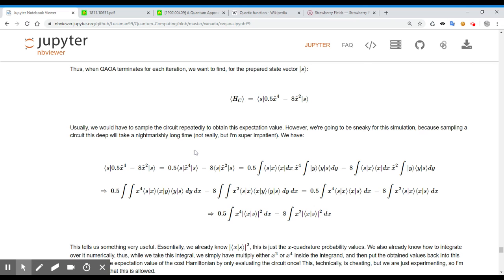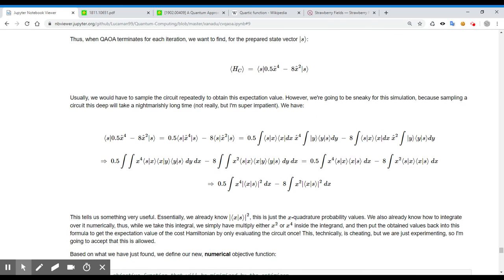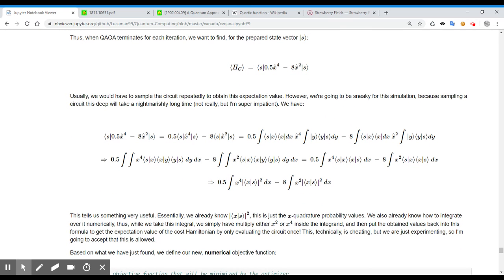However, we're going to be sneaky for the simulation because sampling a circuit is long. So he's basically pulling that off here.